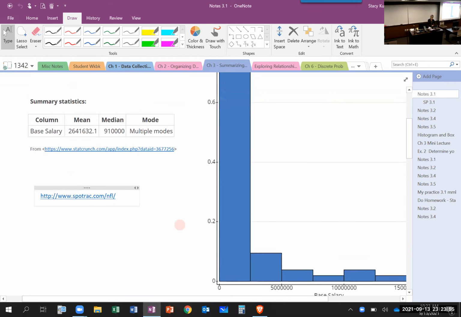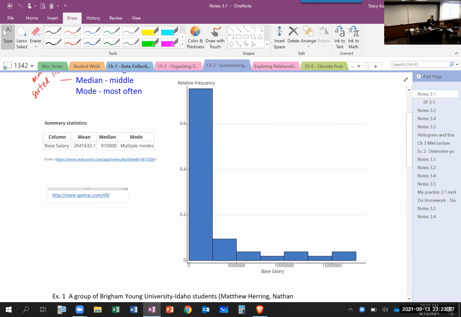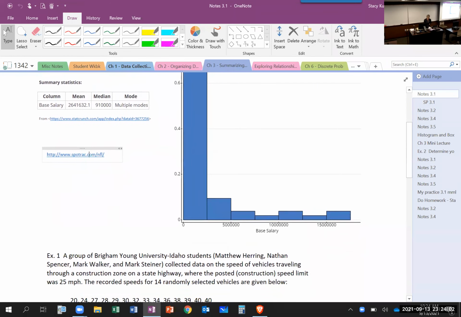Okay, so when we think of this, we want to consider what is resistant. So, just to reinforce this before we practice, the mean is very influenced by outside numbers, very influenced by large or small values.